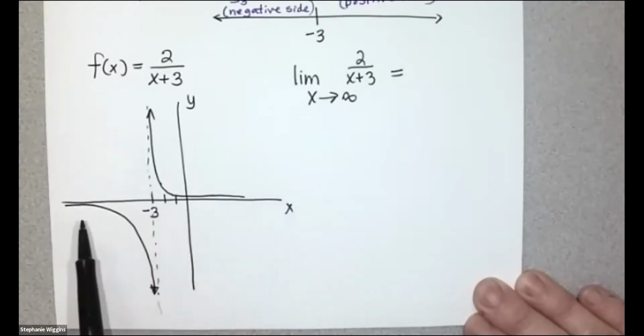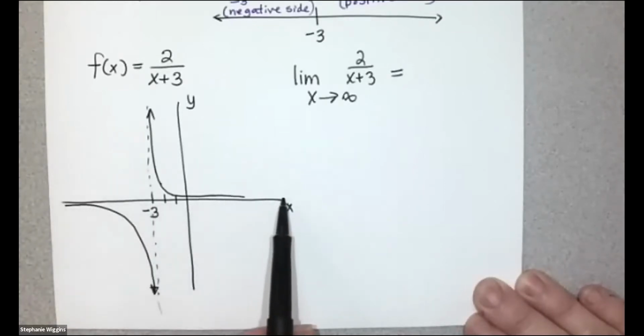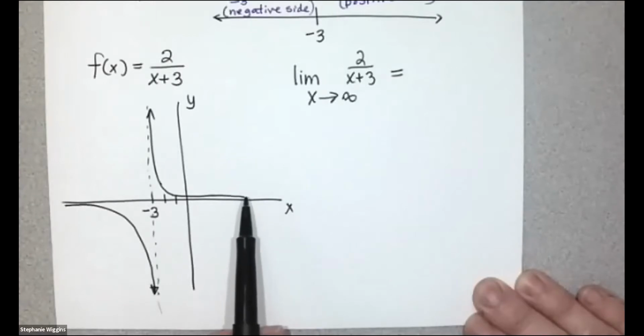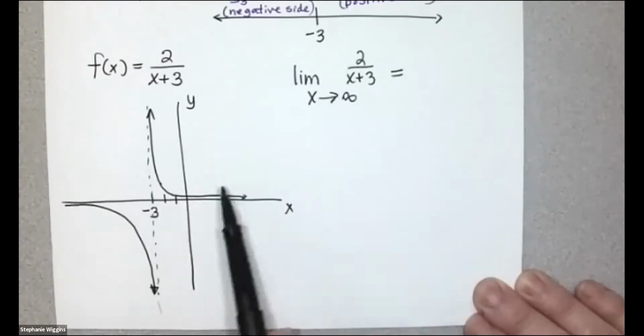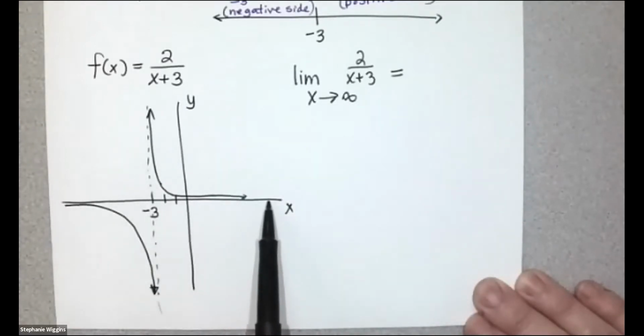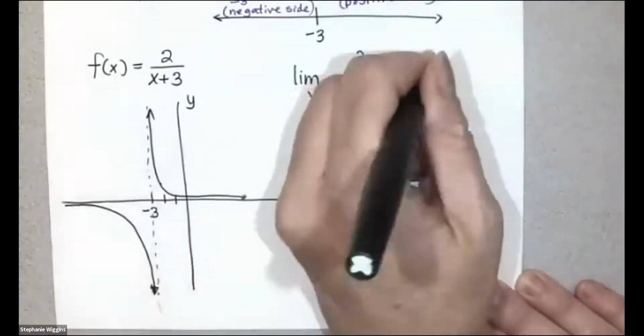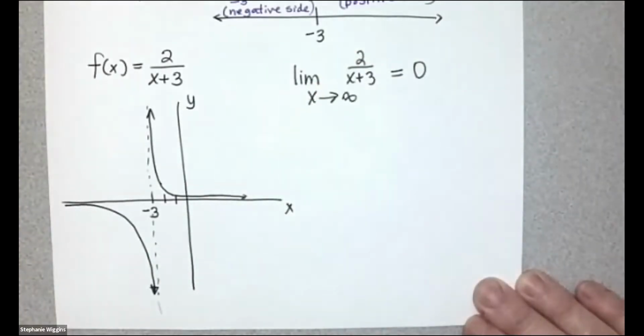What is that level? This x-axis is at a level of 0. Y is 0 on the x-axis. And the level of this function is getting closer and closer to the x-axis. It never reaches the x-axis, but it gets closer and closer. So the limit is 0. All right.